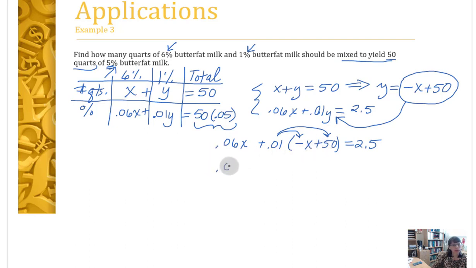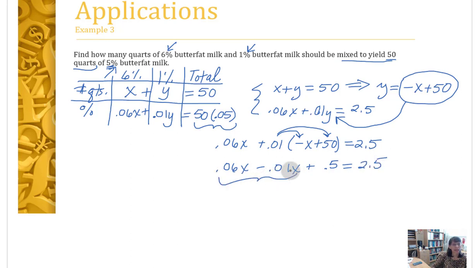We start with 0.06x, and then we'll have subtraction of 0.01x, and when we multiply 0.01 times 50, that will give us positive 0.5. All that now equals 2.5.